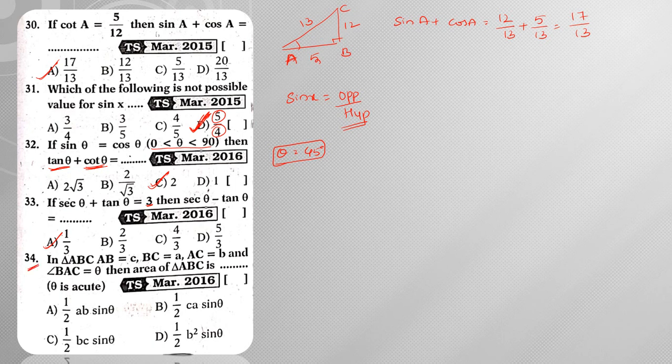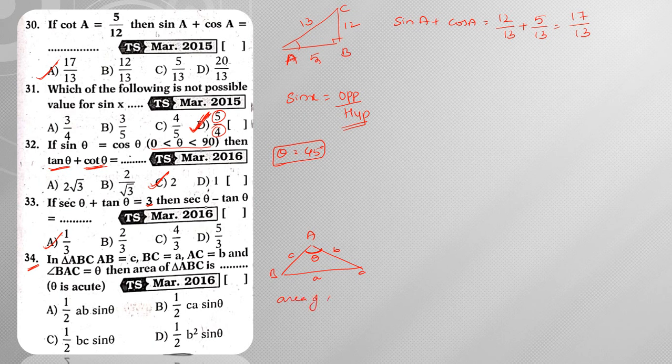Next, question number 34. In triangle ABC, AB is equal to small c, BC is equal to small a, and CA is equal to small b, and he has given angle BAC. This angle is theta. When two sides and the included angle are given, then directly we can find the area of the triangle.